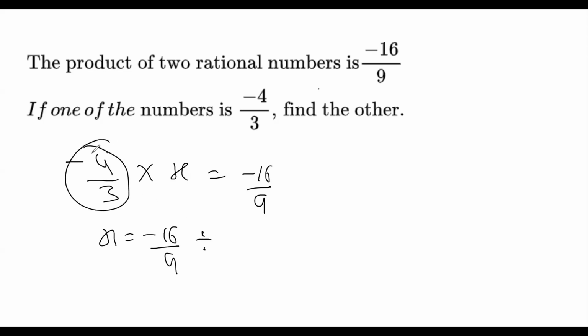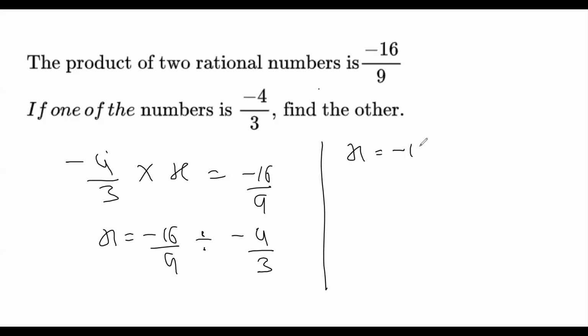But you should remember that it's not going to change its sign, as there's a product relation. So on the other side, it should be divided with the same sign. So x is equal to negative 16 over 9, and dividing is what? Multiplying with the reciprocal. So it's going to be 3 over negative 4.